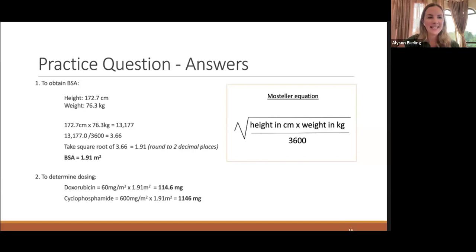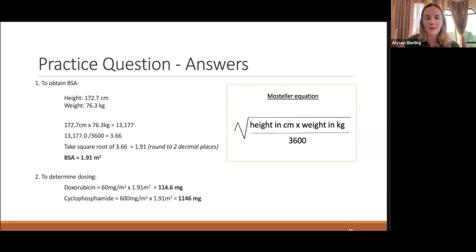The second part of the dose determination was to take our body surface area and multiply it by the dose ordered. For doxorubicin, the patient requires 60 milligrams per meter squared, so we multiply that by 1.91.